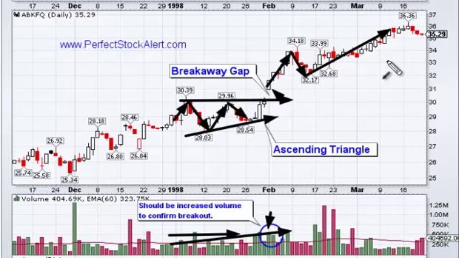Think of it like this: if you were long this stock back here in February, and all of a sudden some news came out that they were doing better than expected, their better revenue or something of that nature, all of a sudden all the people out there would say, oh, I really want to buy it now, and so they jump on the trade, and that causes this gap to happen here.